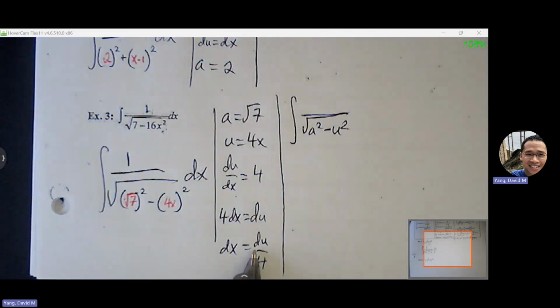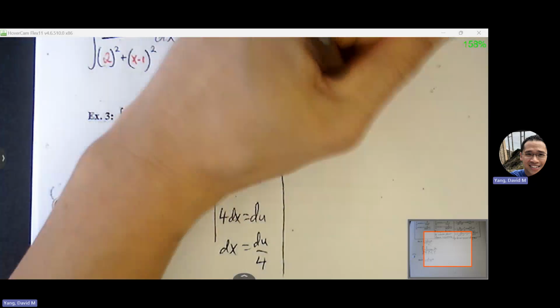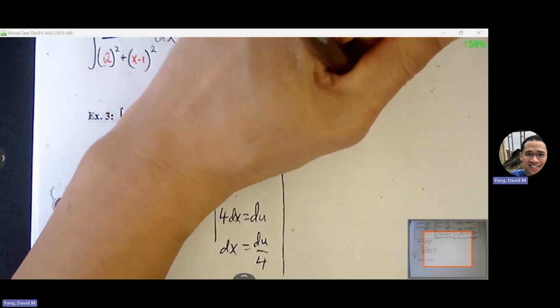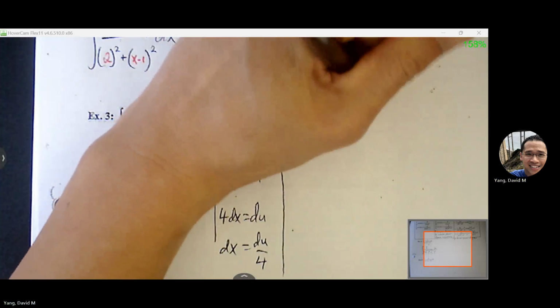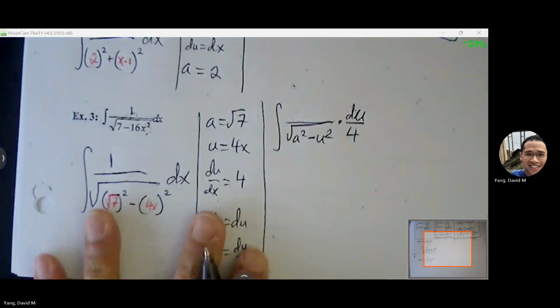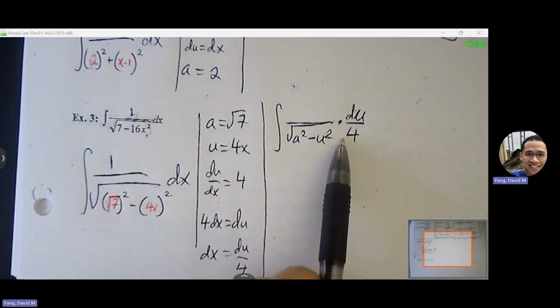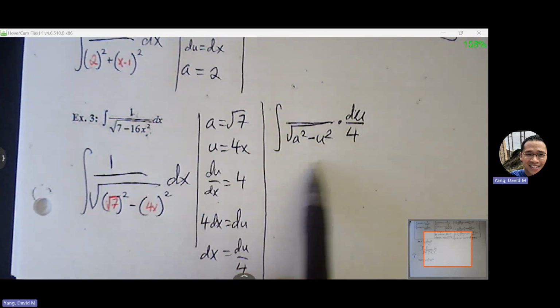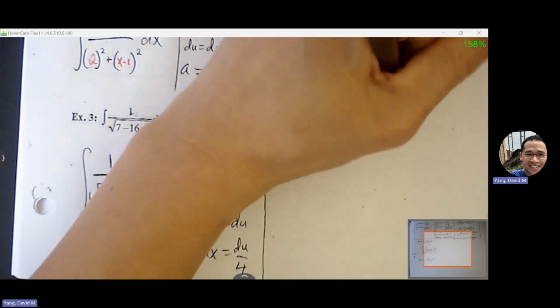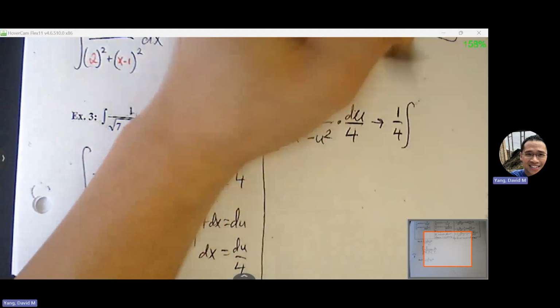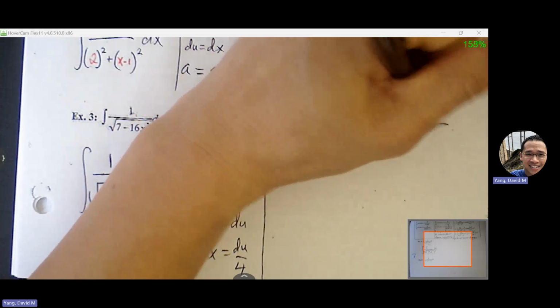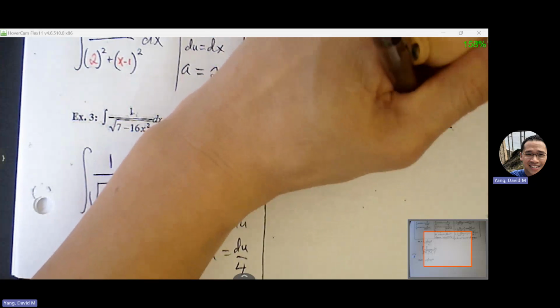My dx will get replaced with du over 4. I'm going to put that outside here so it doesn't look like a complex fraction. So this tells me that there's a leftover 1/4 that has to be kept track of. So I'm going to pull that 1/4 out. But once I get past that 1/4, it should look exactly like the rule that I want to use.